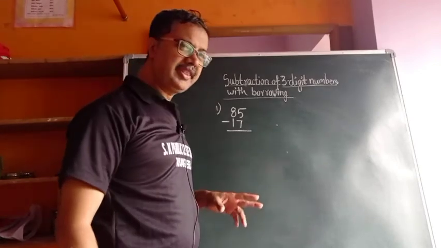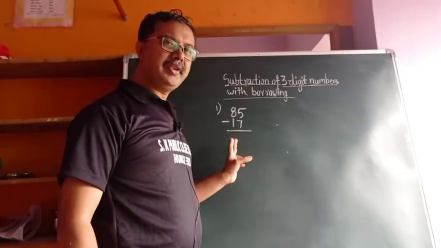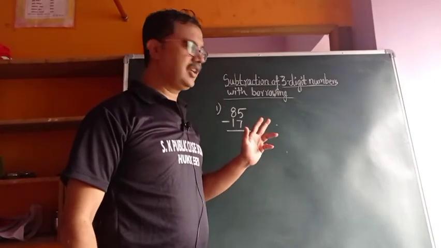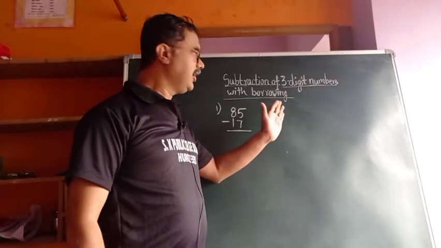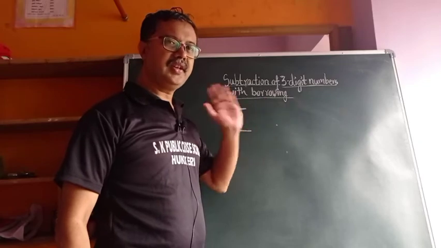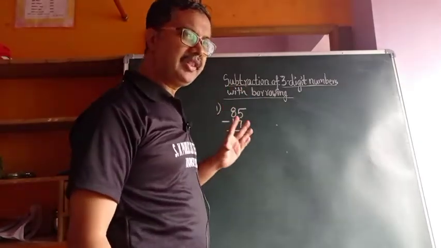Here both the methods I will teach. One is the textbook method, another one is the Indian style. Some students are solving according to that Indian style. Here in this case, in the textbook method, what will happen?